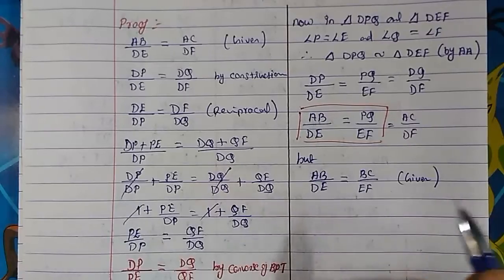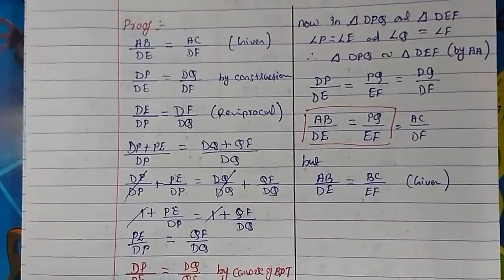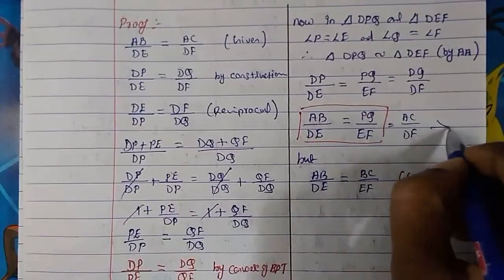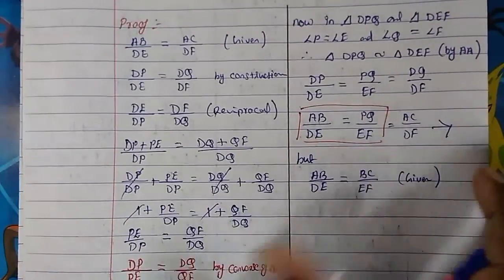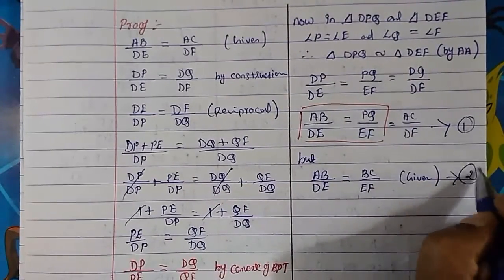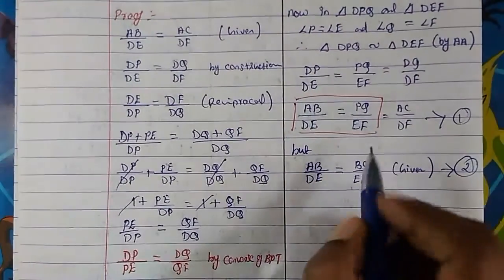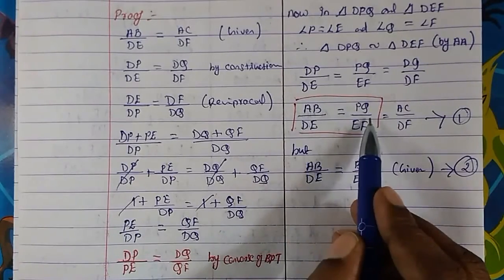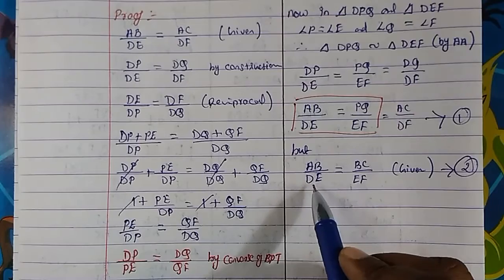So now, if you consider this as equation 1, we have not given anyone equation number, and this you consider as equation 2. In equation 1 and equation 2, AB upon DE is equal to this, and AB upon DE is equal to this.